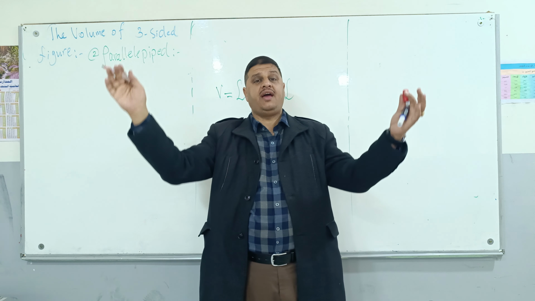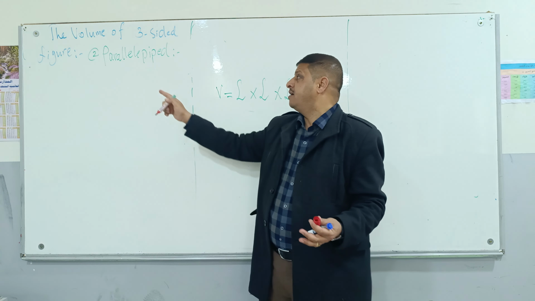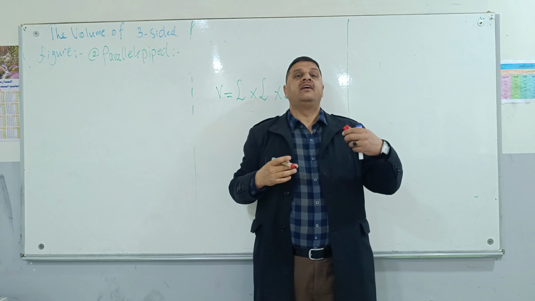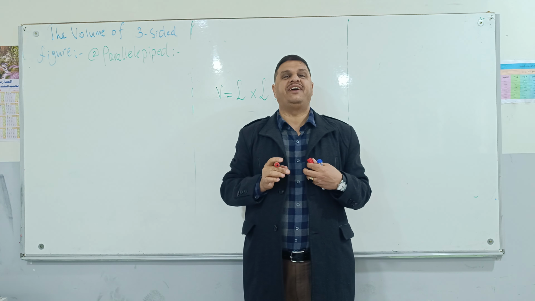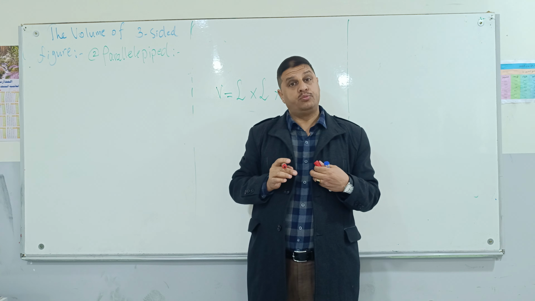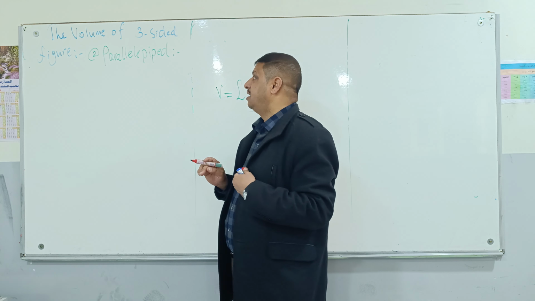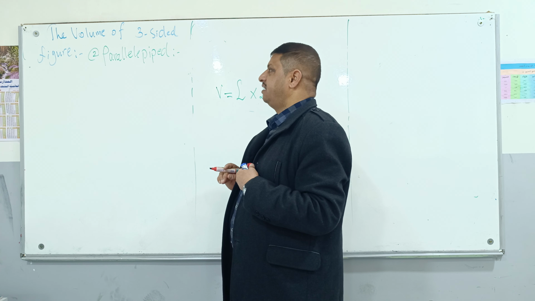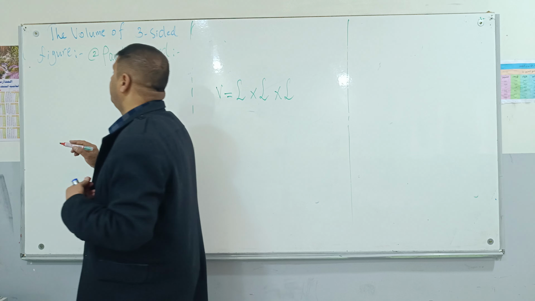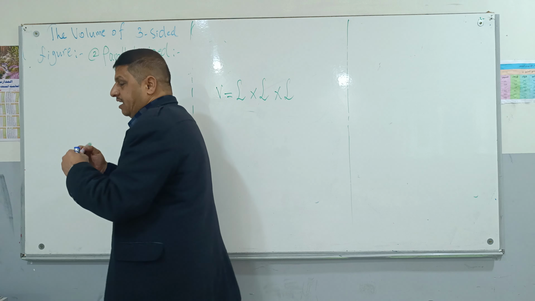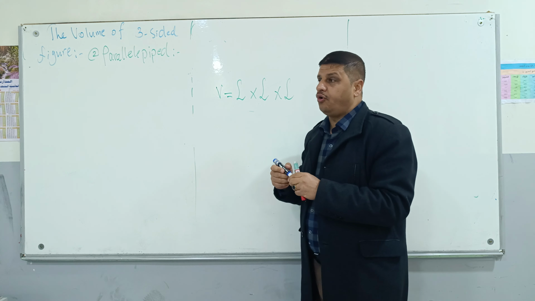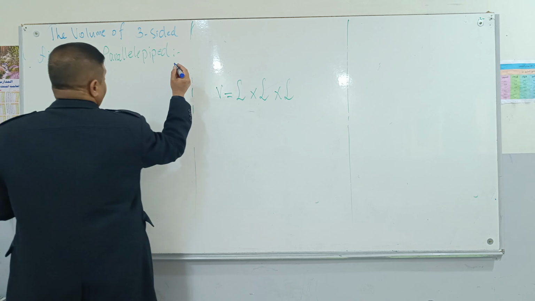This room which I am inside is a parallelepiped, and sometimes it is called a rectangular solid. Parallelepiped. Now, how to find the volume of it? Let me draw it for you so as to see it clearly.